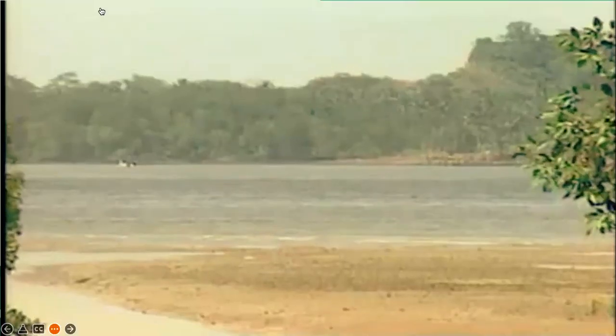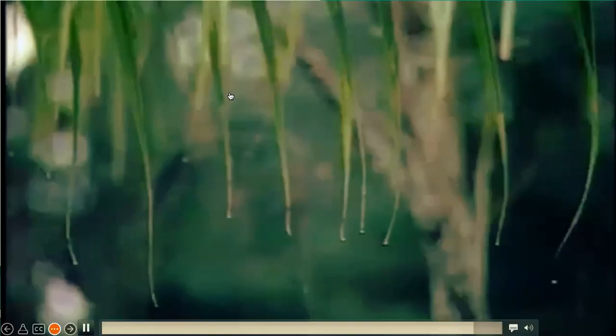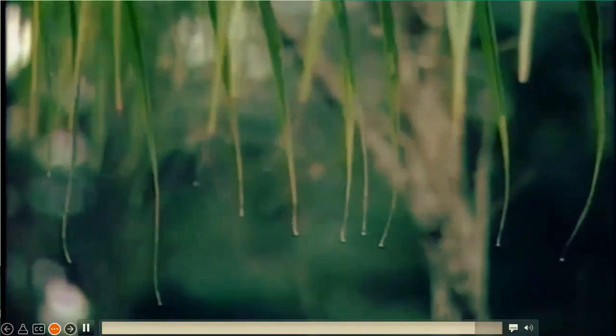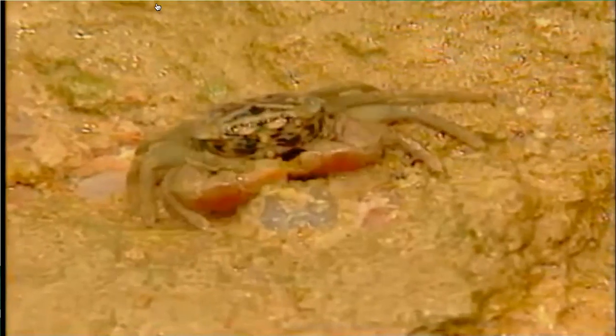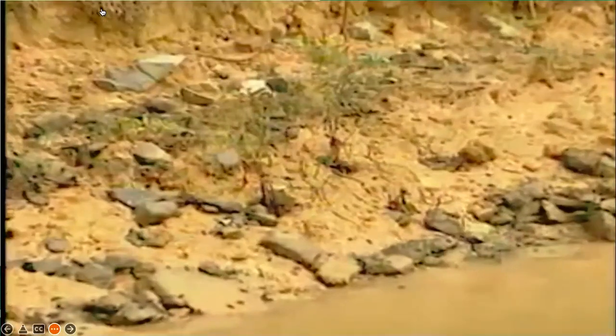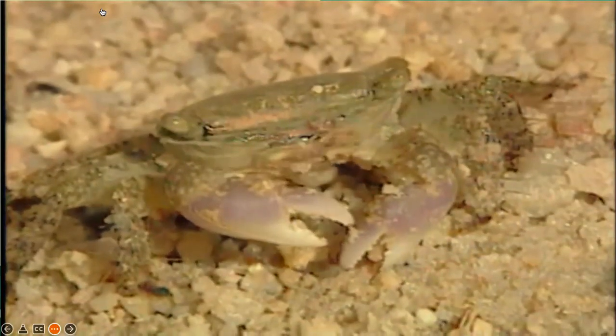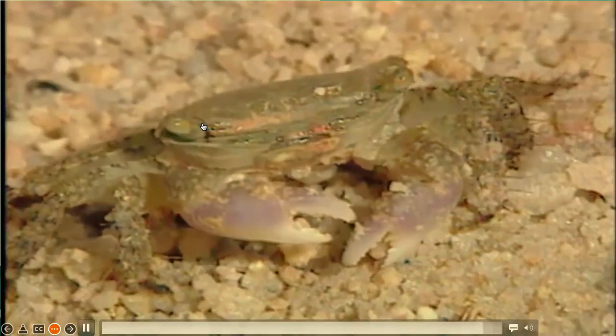The seashore habitat is also affected by the tides, by the temperature, and by the amount of food available. It's an interesting place, isn't it? Can you think of any other factors which affect our lives?